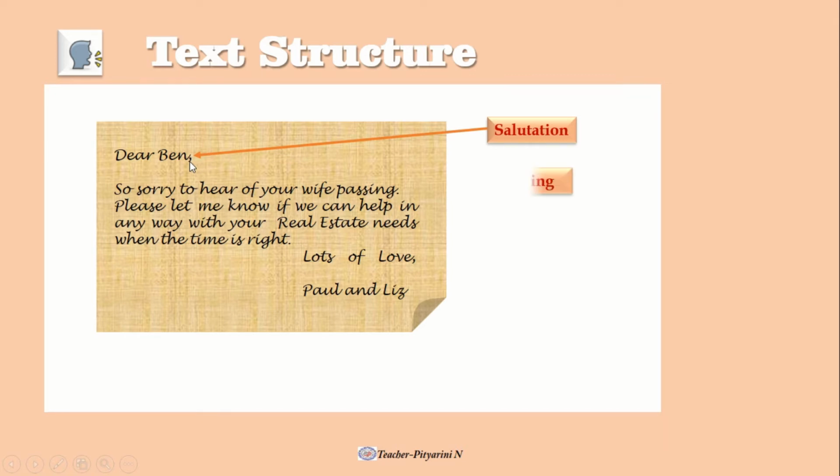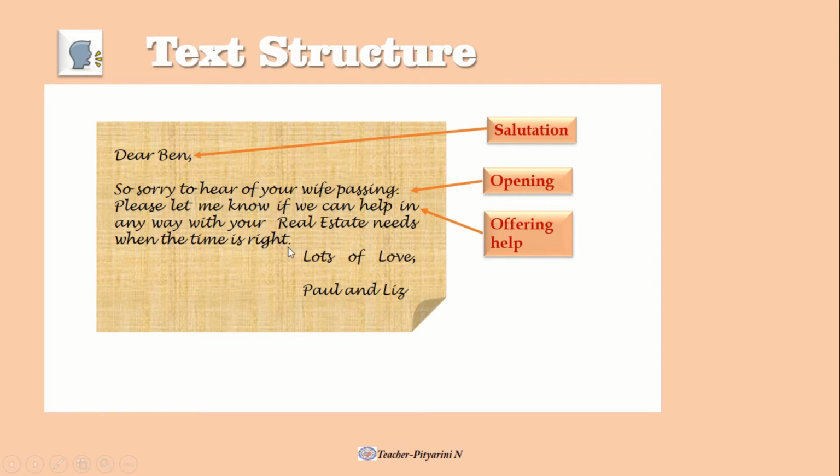The next thing is the opening. So in the opening here, you indicate what's the problem that your friends have or your relative have, so that he or she needs help. Then you will come directly to the offer. You write here what you want to do, what you can do to help with the problem.